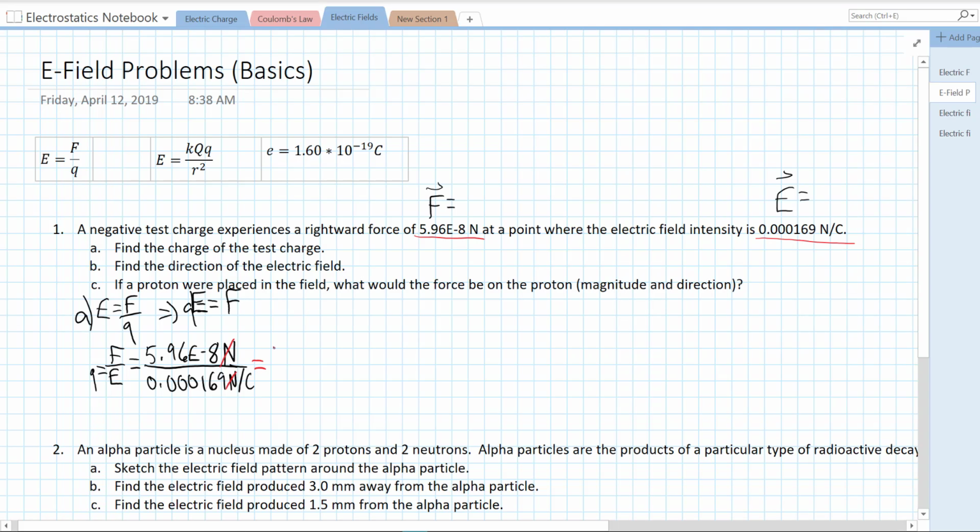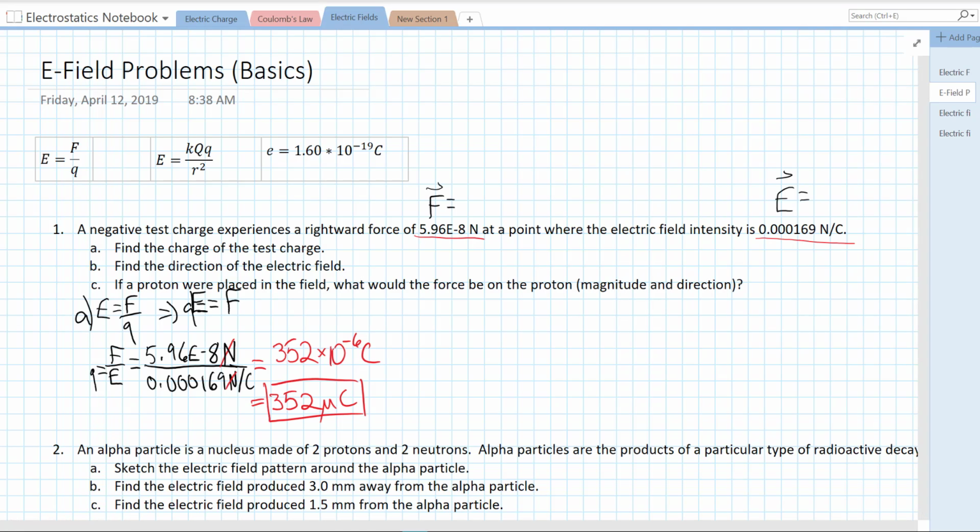We get 352 times 10 to the minus 6 newtons. Whoops, not newtons. Units are coulombs. Another way of writing that is 352 microcoulombs.